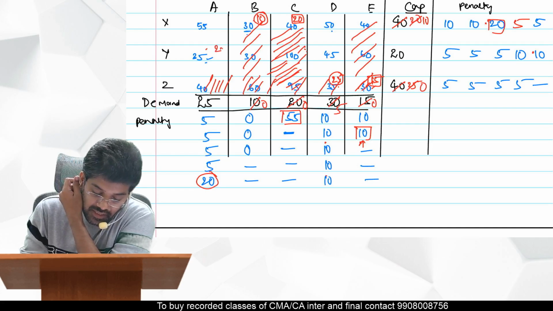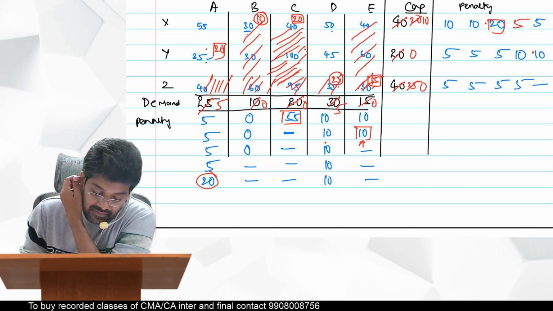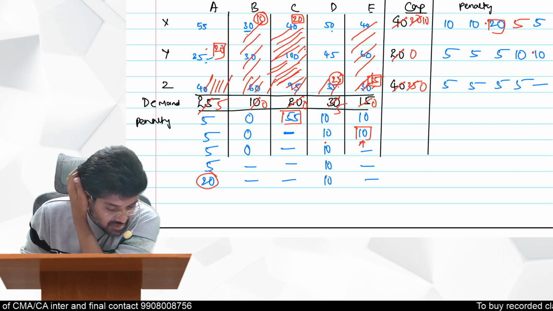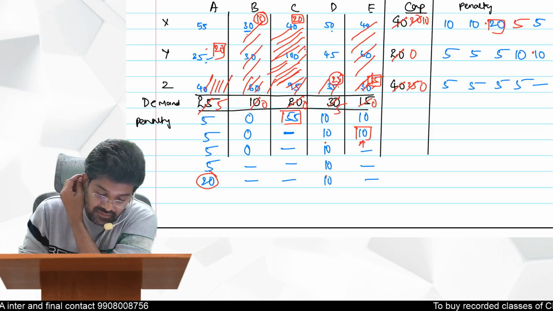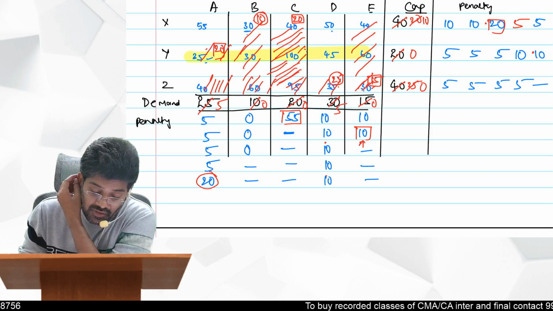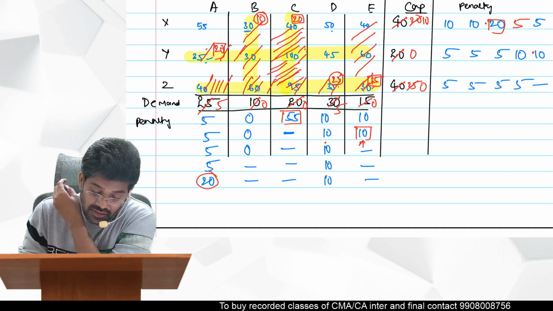So 20 I can allocate. So this one will become 5, 0. Okay. So that means now I can strike off this one also, and this one also. So this one over, this one over, this one is also over, this one is also over now.